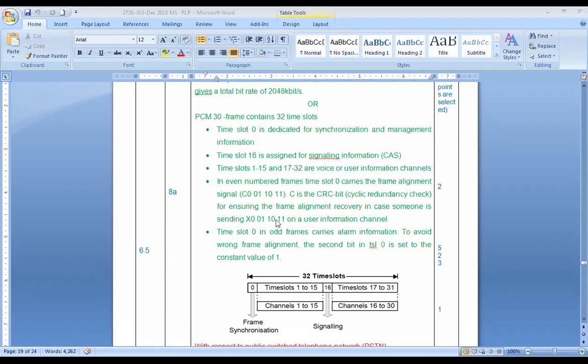Time slot 0 is dedicated for synchronization, as I told you. Is it important to have synchronization when we send data? Students, I think we have discussed this in our previous sessions. Is it necessary to have synchronization, and why is it so?